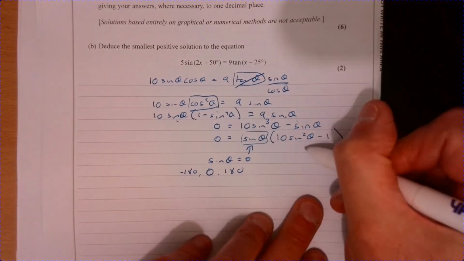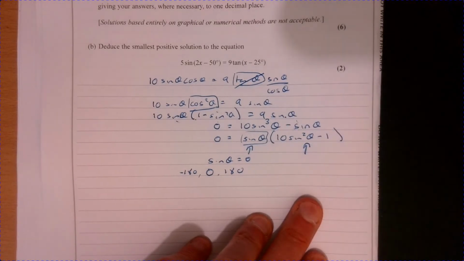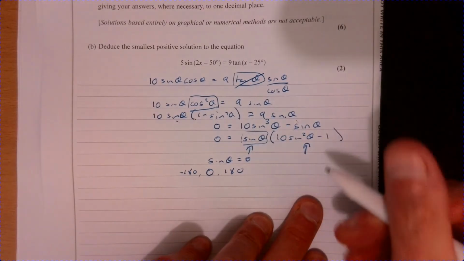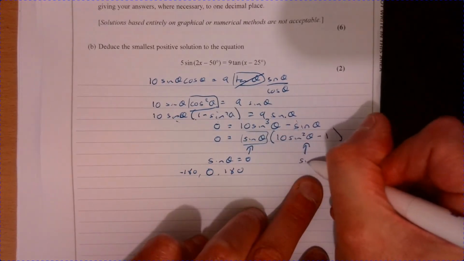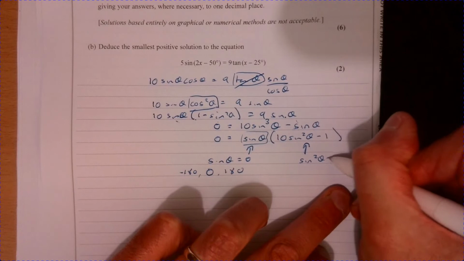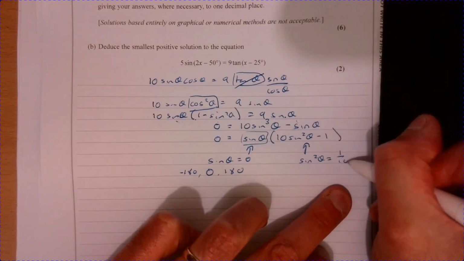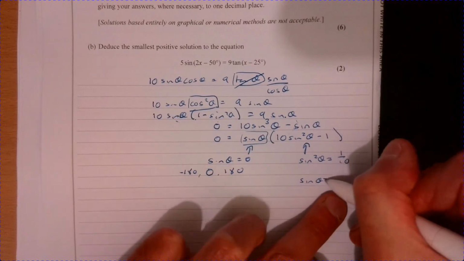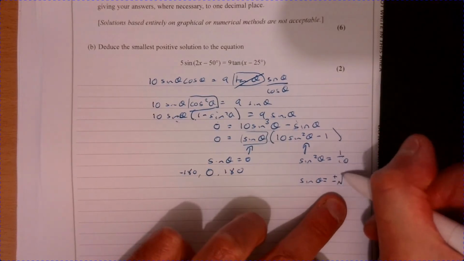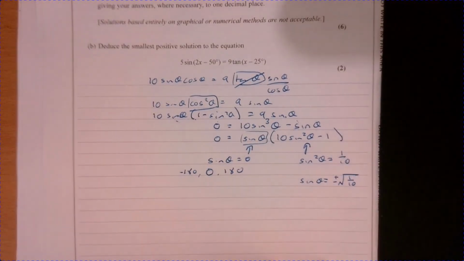Now let's go and have a look at when this one is equal to 0. So what possibilities are we going to have there? What if you add 1 to both sides and divide by 10? It gives me sine squared theta is equal to 1 over 10. So square root both sides. So sine theta must equal, now we're going to have a plus minus on the square root of 1 over 10 there.